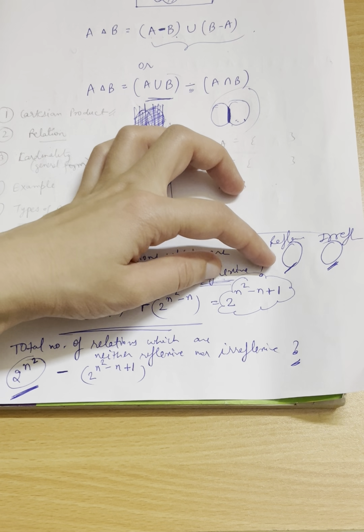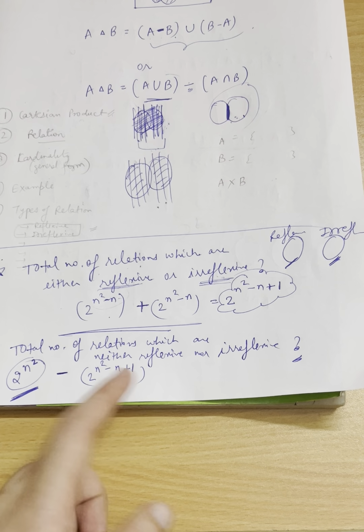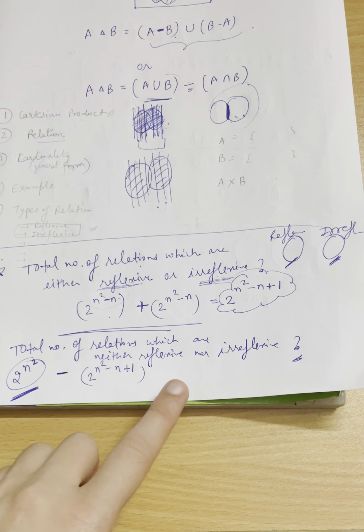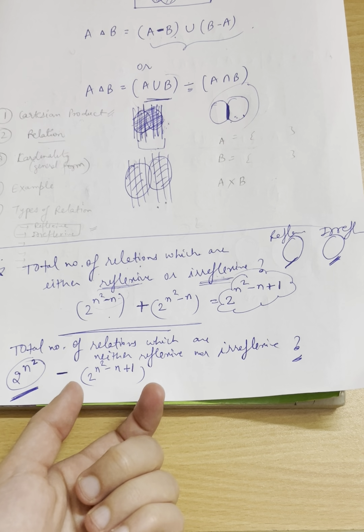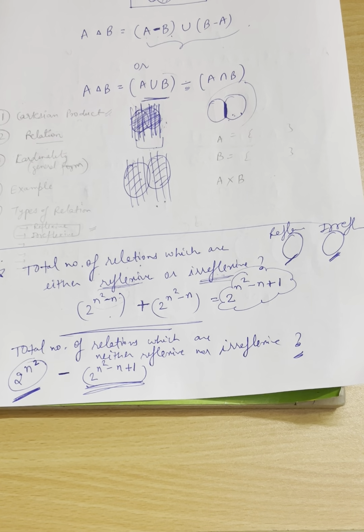These are the relations which are either reflexive or irreflexive, and we find those relations which are neither reflexive nor irreflexive, meaning it should be neither reflexive nor irreflexive. Okay, so these are the total number of relations. So for the neither case, we subtract those relations which are either reflexive or irreflexive, and both, but the both case will not happen, because these two relations are disjoint. Okay, so subtract those relations. So these are the total number of relations which are neither reflexive nor irreflexive.